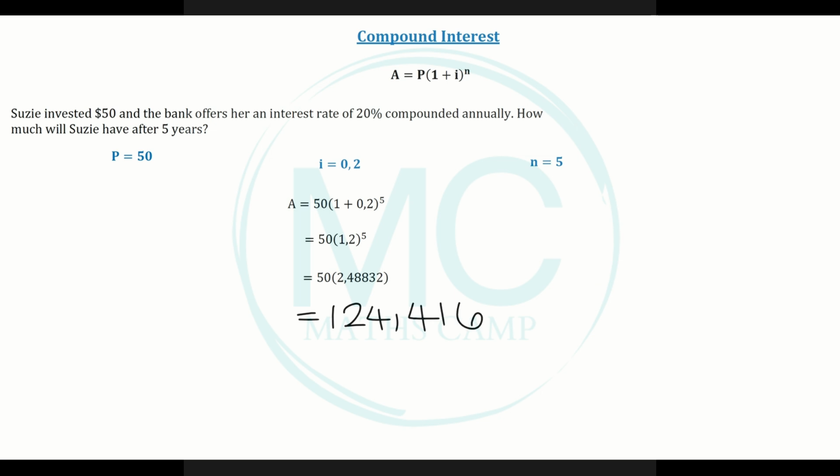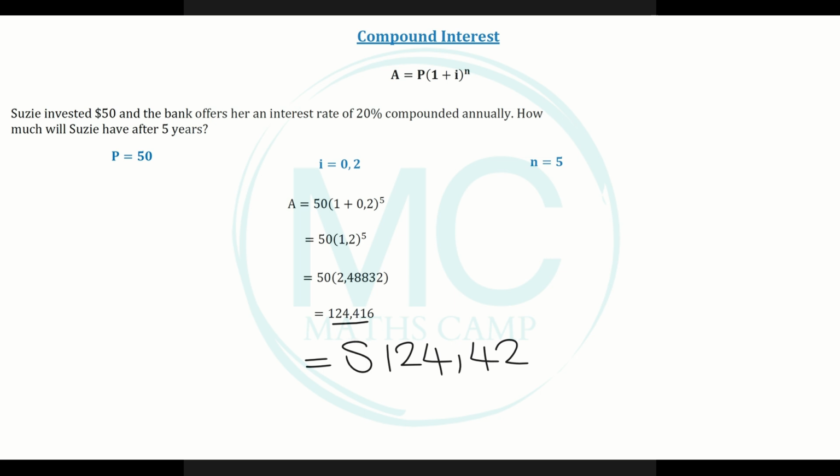Now remember that the value of A is money, so we can take this amount and round off to 2 decimal places. We get 124,42. Don't forget your currency. And our answer becomes $124.42.